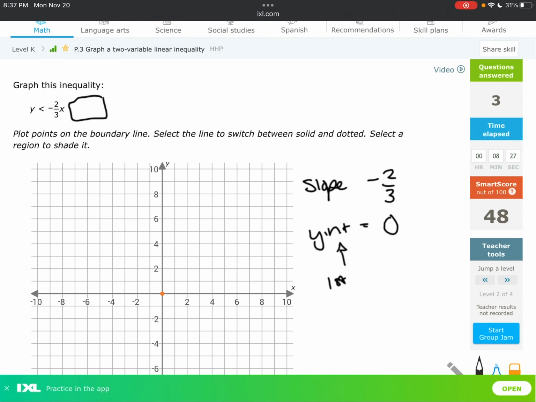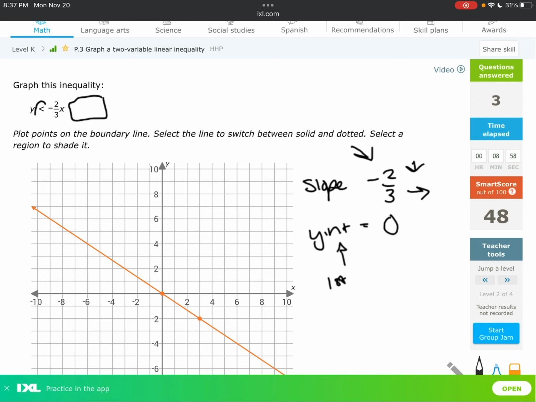And I'm going to use my slope here. This -2 tells me my slope is going down. And it's going to go down by 2 units and then to the right 3. So starting at (0, 0), I'm going to go down 1, 2, and then I'm going to go to the right 1, 2, 3.